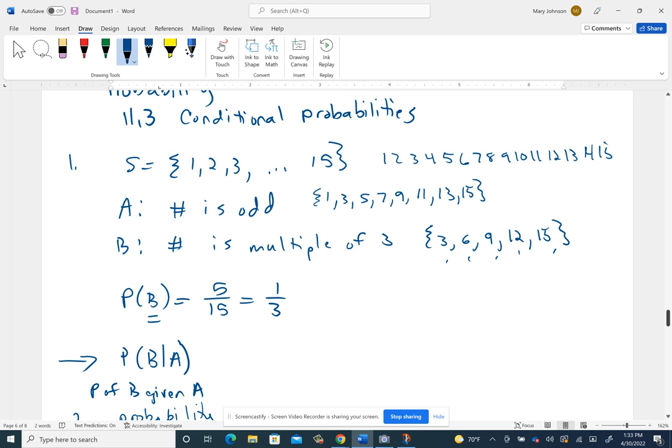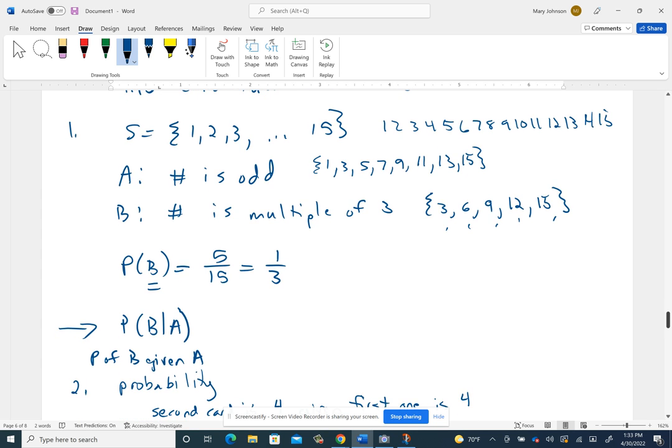But this is the probability of B given A. Okay, so what that means is that I'm going to be reducing my sample space, my starting sample, rather than it being all the numbers from 1 to 15. I want the probability of getting a multiple of 3 given the number is odd. So I'm going to be using this as my denominator.